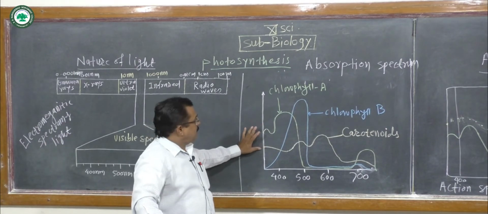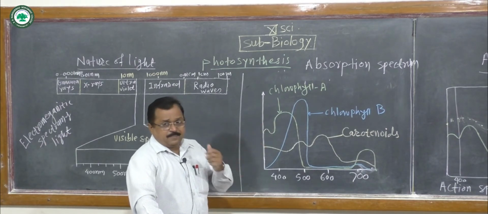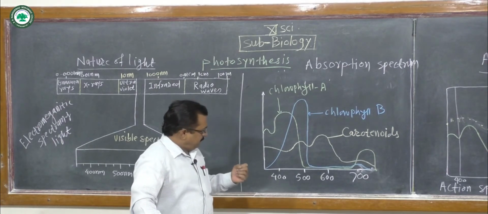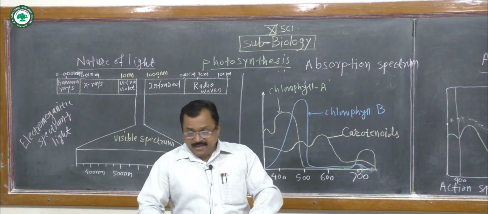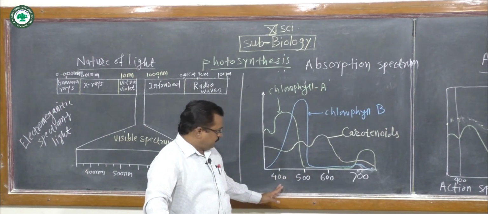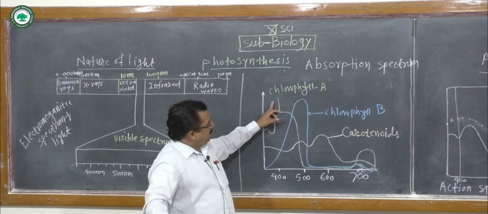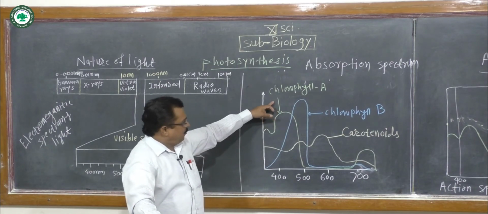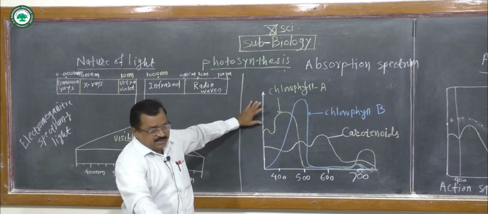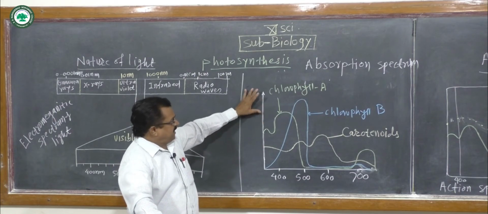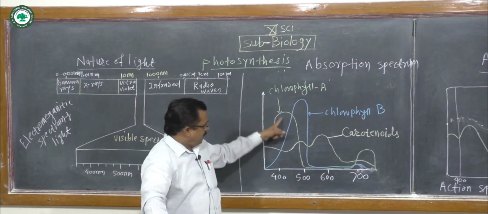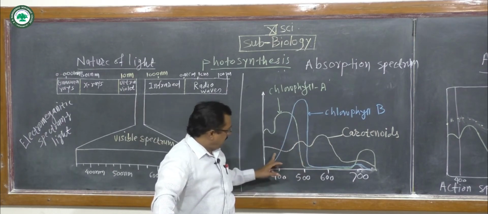Chlorophyll A and chlorophyll B absorb more light in between 500 to 700 nm of light. That is about the absorption spectrum, where the light is absorbed and converted into chemical energy. It is shown in the form of a graphical representation, that is, curves.